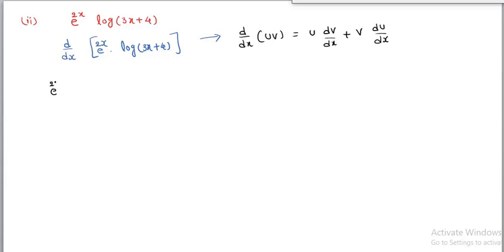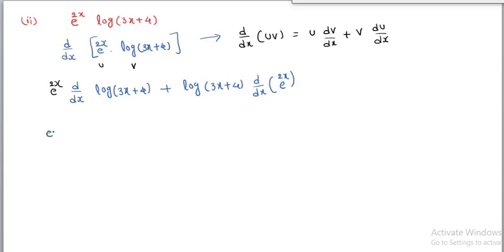So e power 2x, u, d by dx of log of (3x plus 4), plus log of (3x plus 4) d by dx of e power 2x.